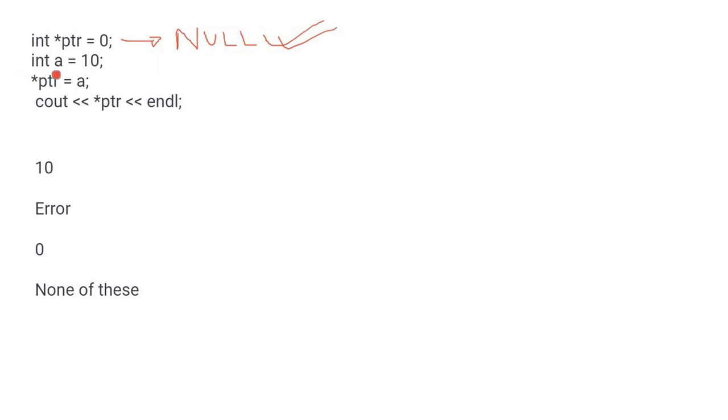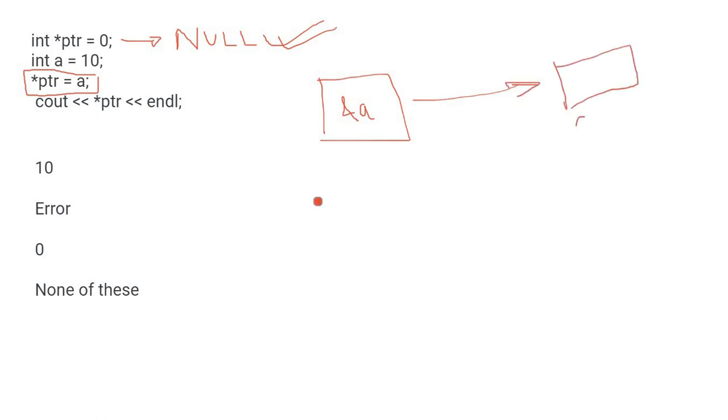Alright. Moving on, we have int a equal to 10. Then *ptr equals a. Now see, this line of code will give an error because ptr has no address, it has a zero or null address, which means it is not pointing anywhere. When a pointer has an address, say the address of a, it is pointing to the variable a.